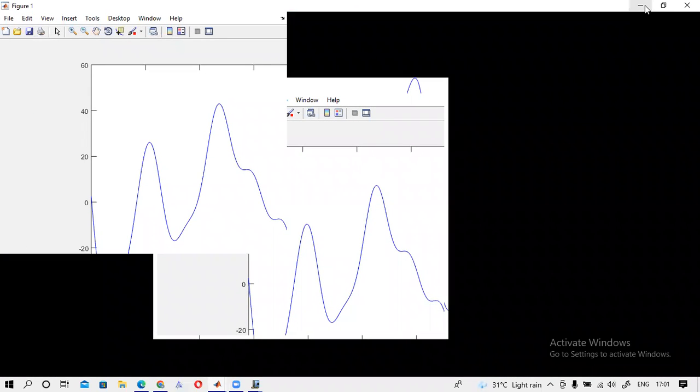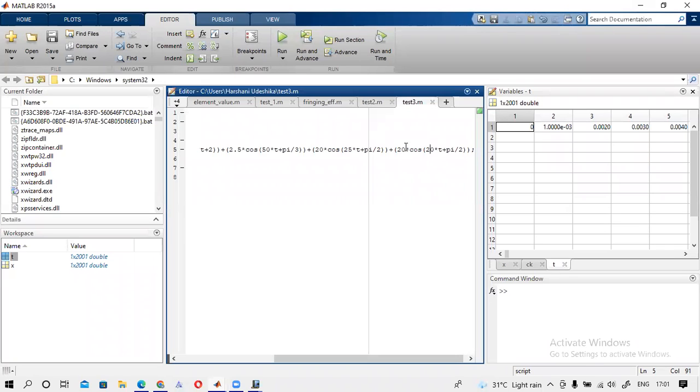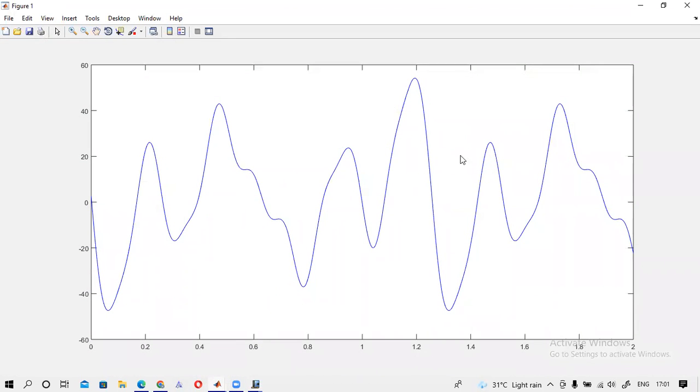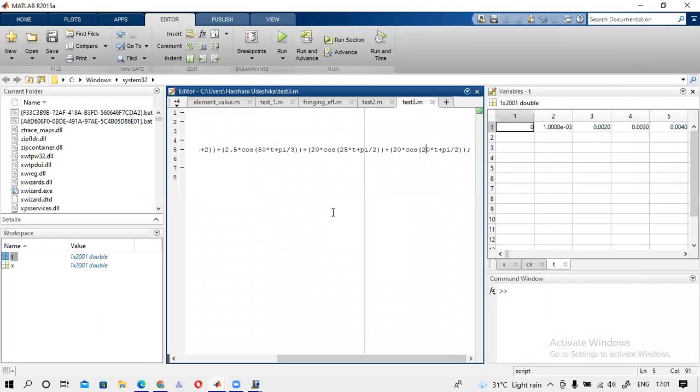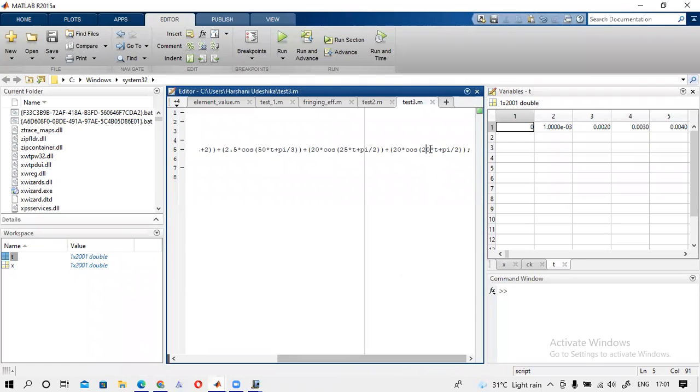Can you see that when we are adding frequency components, the shape of the signal is changing? Did you get it? That is very important to understand. When you are adding more and more frequency components in this signal, we have 20, 25, 50, that means 3 frequency components, and 10, that means we have 4 frequency components.